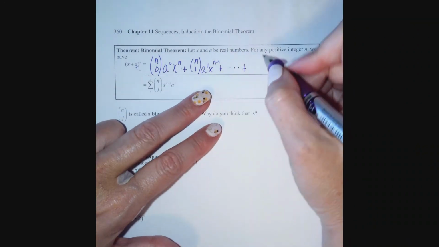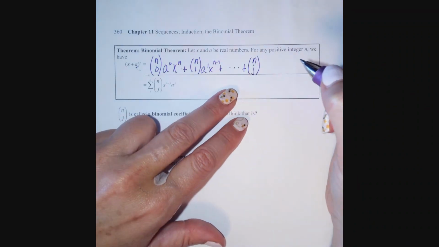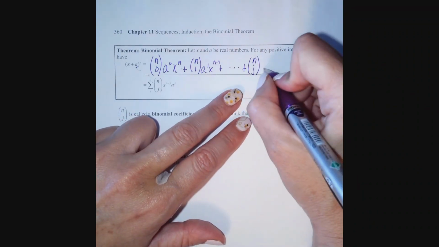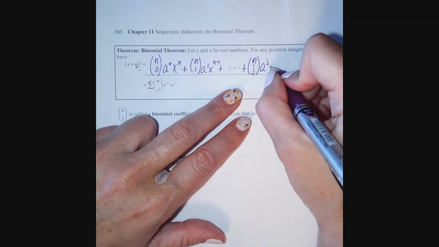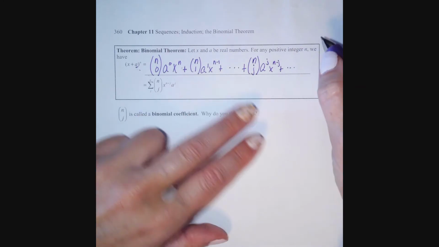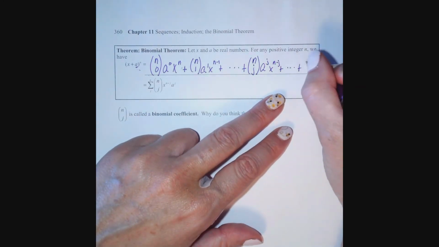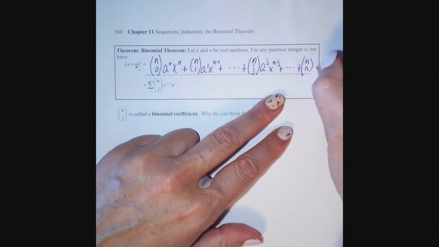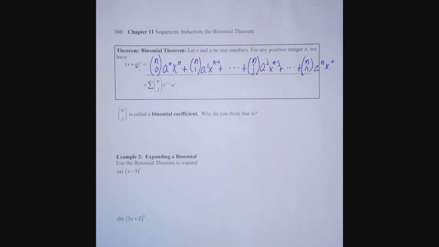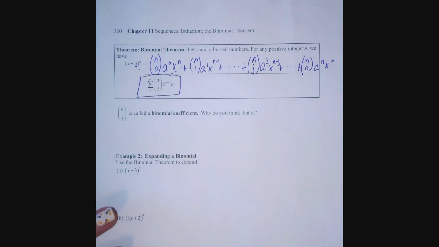We're going to throw in a middle term here somewhere that defines this binomial coefficient as n over j, so that I have a to the j, x to the n minus j, and then we're going to keep going until we get to our last term, which is our constant, where we have n choose n, we have a to the n, and we have x to the 0, which is just 1. That gets us this as the formula that shows me my binomial theorem.